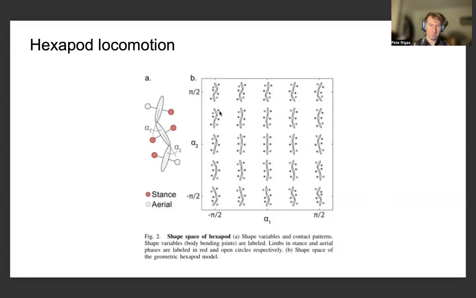In the leftmost column of panel B, you can see the frontmost component is winding to the left, which then induces motion and movement from the other remaining components of the hexapod. From the remaining configurations in panel B, one can observe different types of movements that the hexapod can assume, which are determined as given in panel A, the angles alpha 1 and alpha 2.